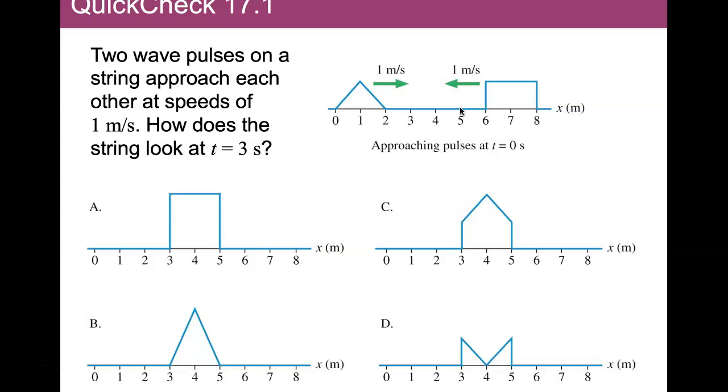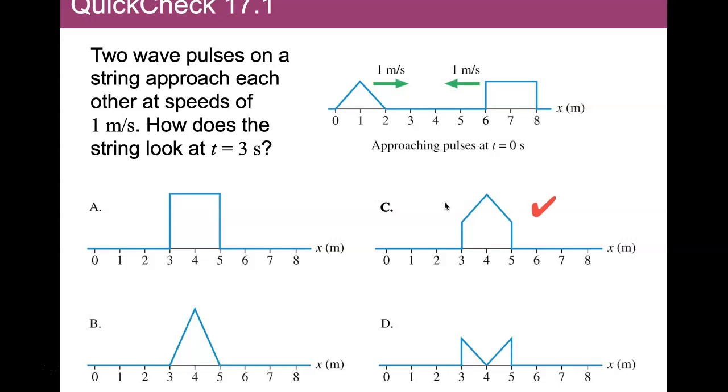And the rectangle that's between 6 and 8 moves to the left by 3 meters, so it will be between, again, 3 and 5. So if you add them, we're just adding this constant height of the rectangular pulse to the triangle, so it just shifts up the triangle, and then C must be the correct answer.